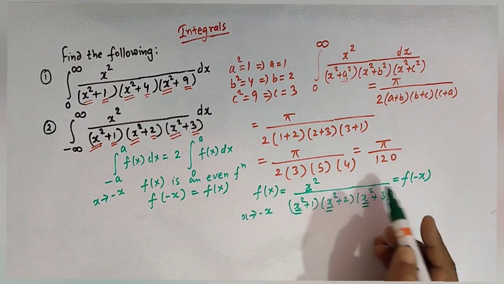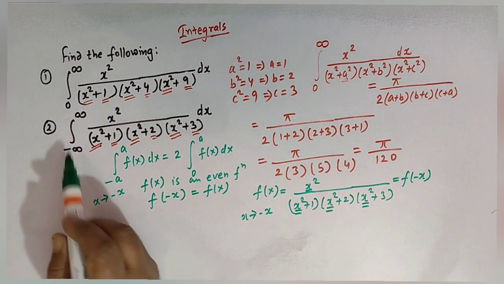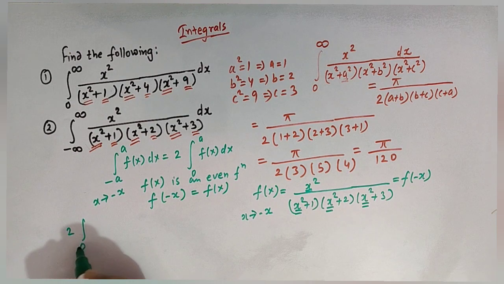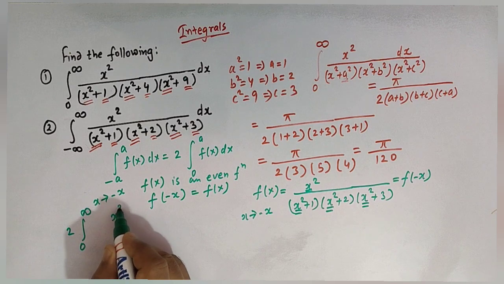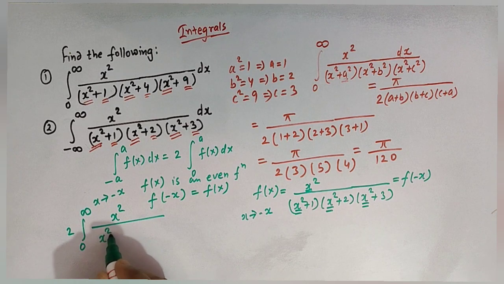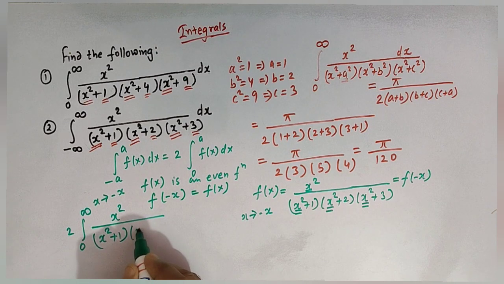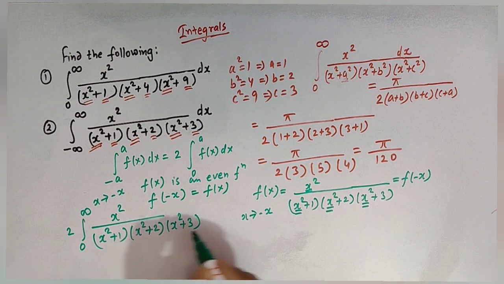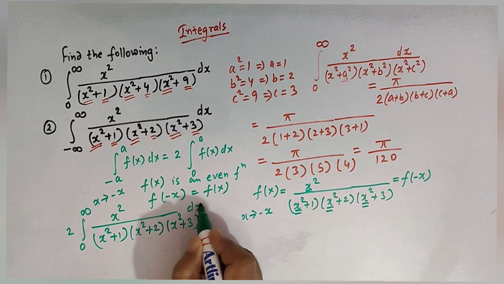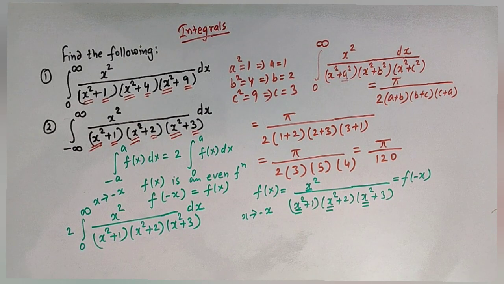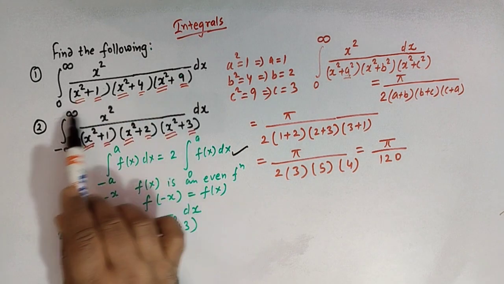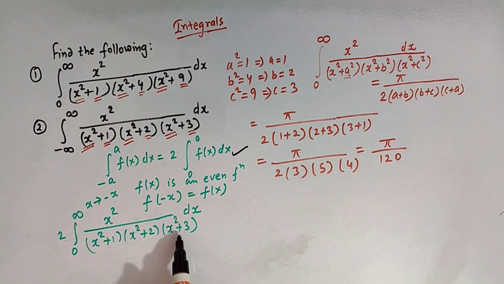So this function is even. Now this integral can be written as 2 times the integral from 0 to infinity of x square divided by x square plus 1, x square plus 2, and x square plus 3, dx. By using this property, we have converted this integral into this form.